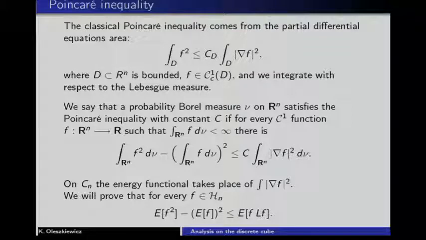These are two different ways of controlling the function. One, you can say that it disappears at infinity or when you get close to the boundary of some set. Another way of normalizing the function is to say that the expectation is equal to 0. And you can replace one for another, paying some price. But in our setting, we'll restrict to this.